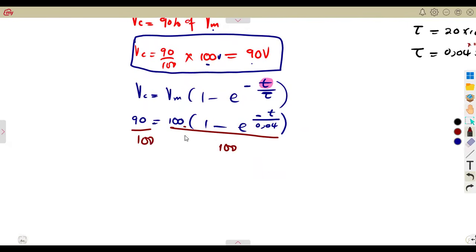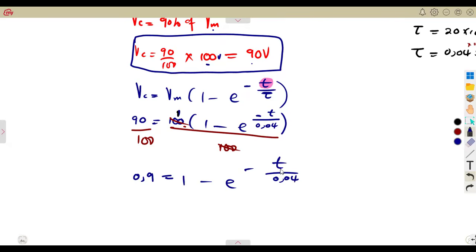That's 90 over 100, which is going to give us 0.9 on our calculator, equal to, you are remaining with 1 times the whole bracket, which is 1 minus e to the exponent of minus t over 0.04.